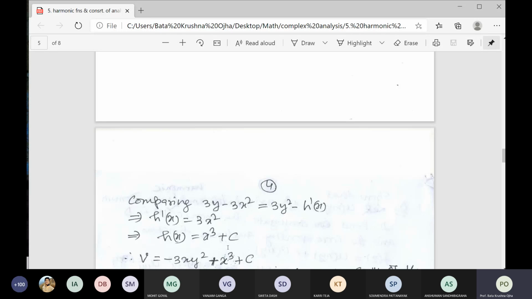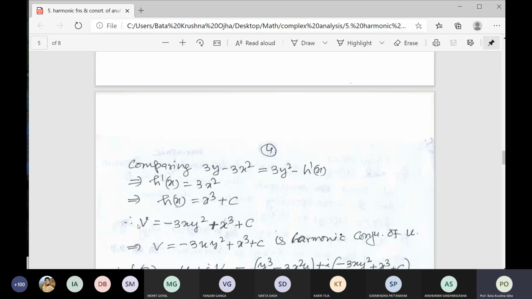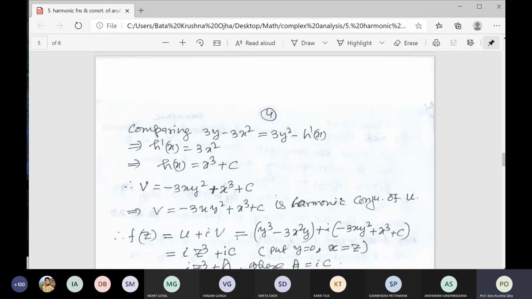If it is a double variable function, it will be an arbitrary function. Now you already know v is equal to minus 3xy square plus h of x. Substituting the value of h of x, that is x cube plus c, finally we get v is equal to minus 3xy square plus x cube plus c, which is a harmonic conjugate of u. Next, you consider the analytic function.